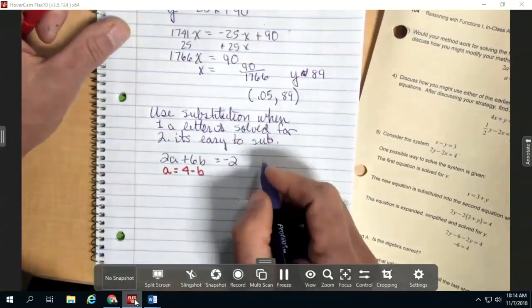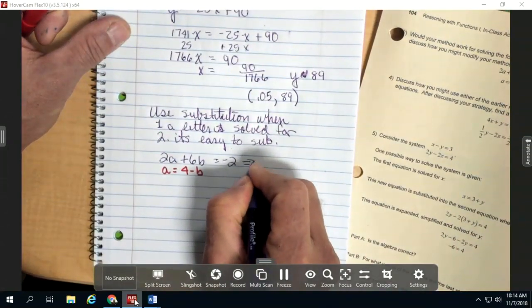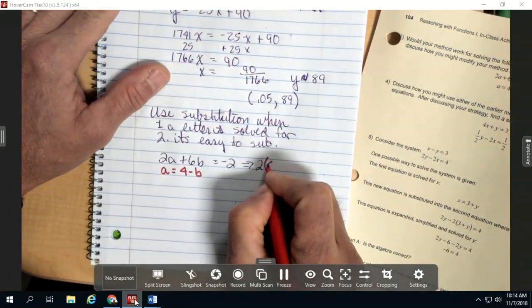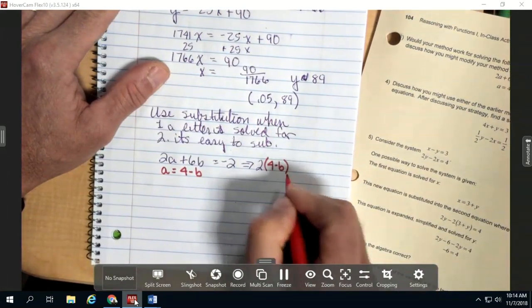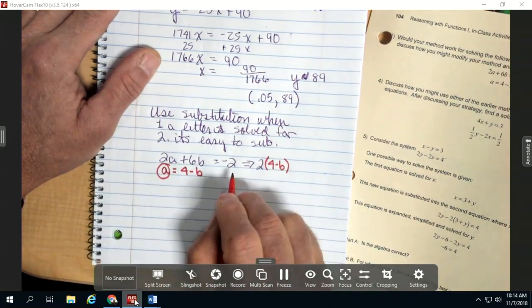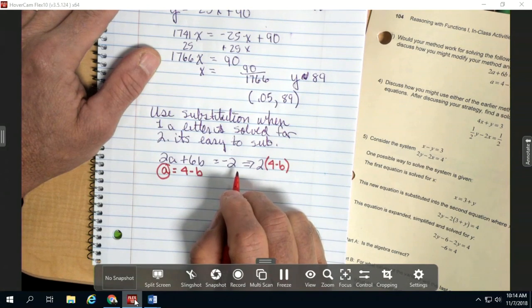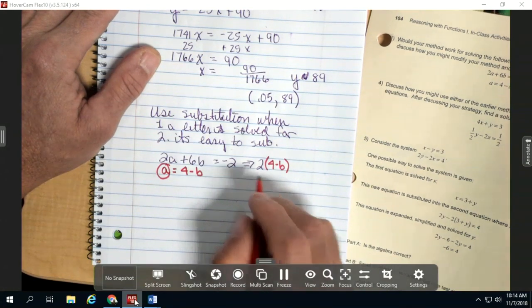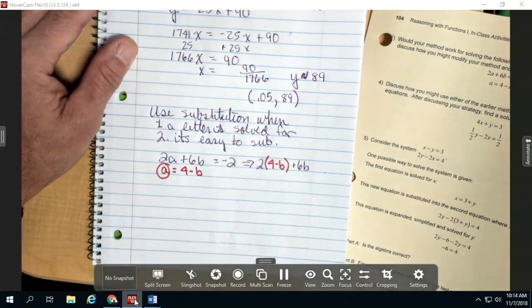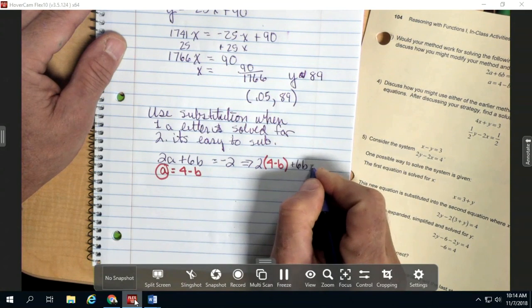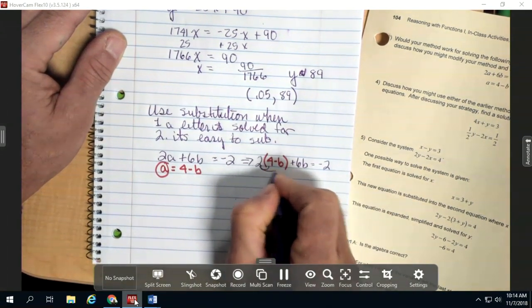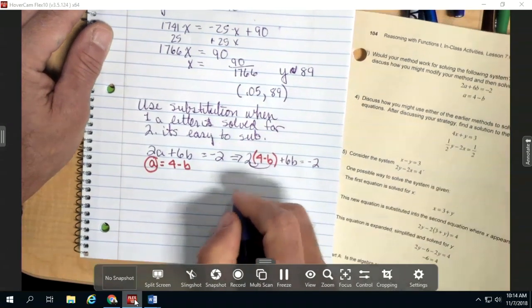So now I'm going to redo that first equation. Instead of writing a, I wrote 4 minus b, all multiplied by 2, plus 6b equals negative 2. What is 2 multiplied out into that?